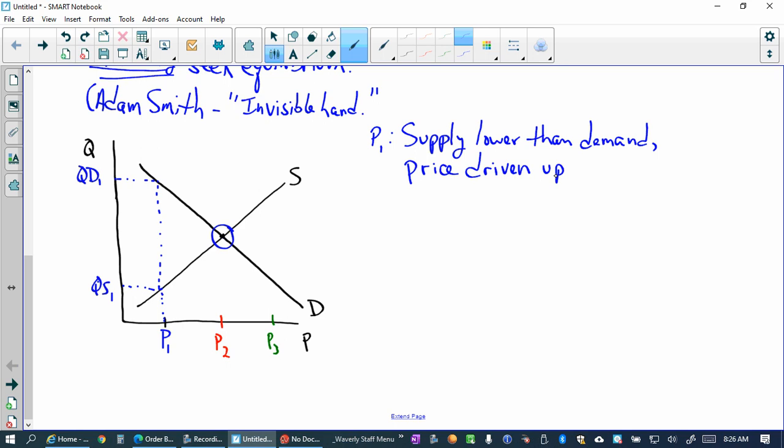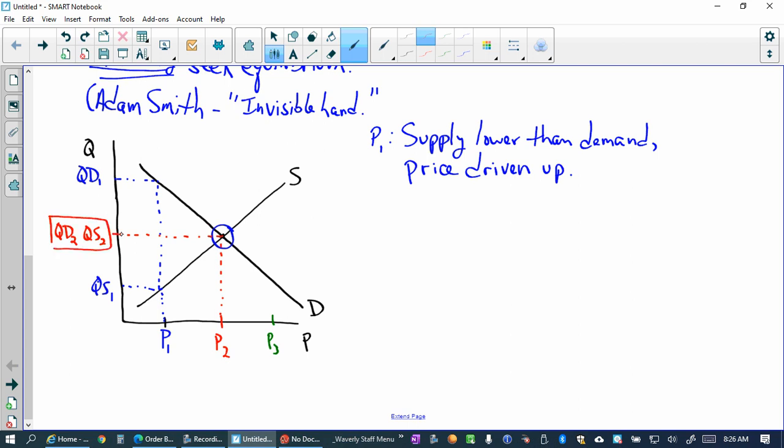So let's take a look at price 2. At price 2, it goes up here and over here. We'll call this QD2 and QS2, quantity supplied 2. And you would agree that they are equal, aren't they?